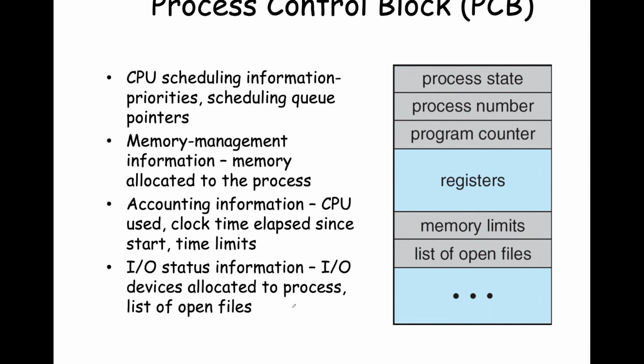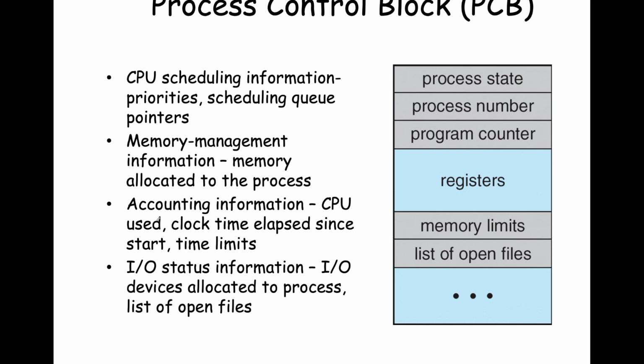So what else does it have? Scheduling information. Things like the priority associated with the scheduling, because some processes can be deemed on your system as more important than the others. Contains memory management information about all of the dynamically allocated memory on the heap that a process is associated with. Accounting information about the amount of time that this process spent executing on the CPU.